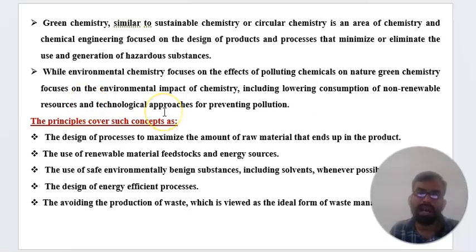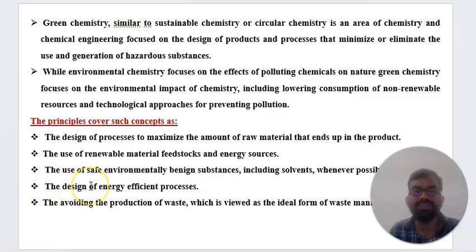Now you can see some principles that should be covered in green chemistry. The first point is the design of processes to maximize the amount of raw materials that end up in the product. That is the main concept of green chemistry. The second point is the use of renewable material, feedstock or energy sources.